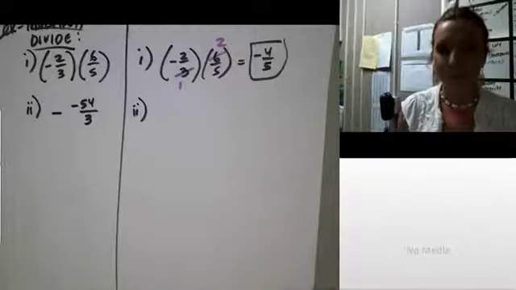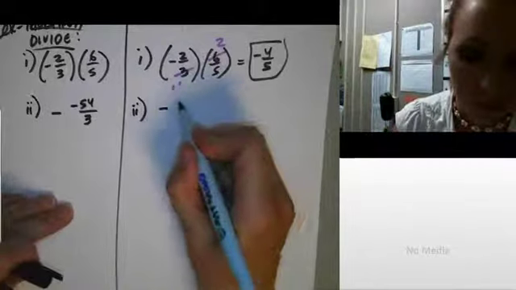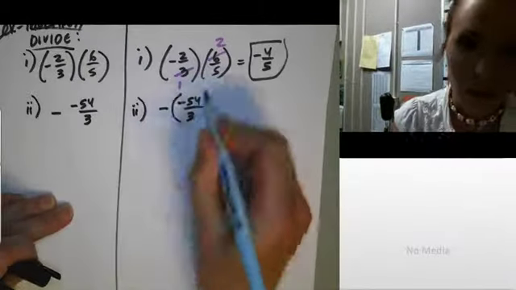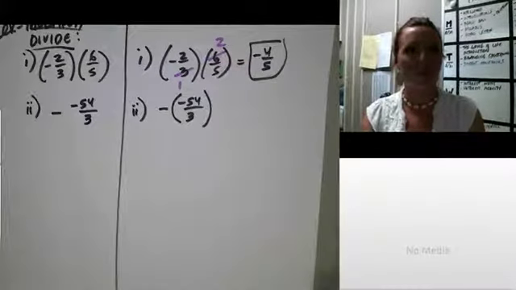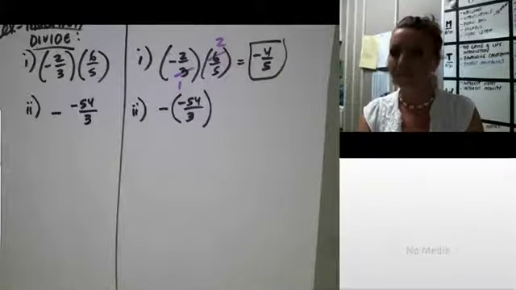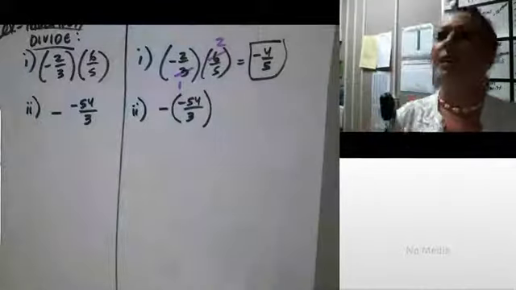Ah, okay. Well, let me ask a question. If I put parentheses around it, does it make it the same thing, or is it different, or what? Well, let me ask this. A negative times a negative is a what?